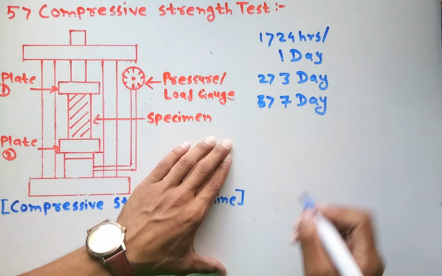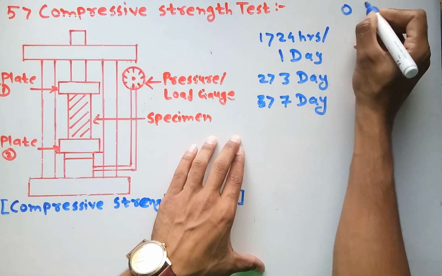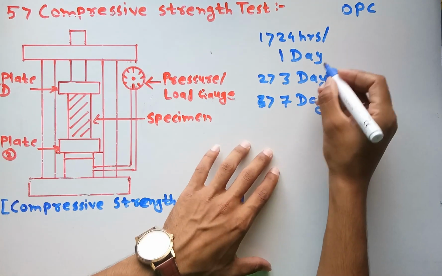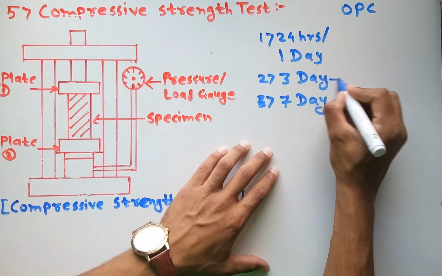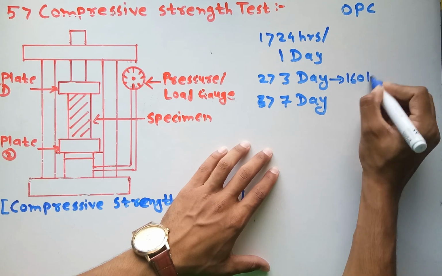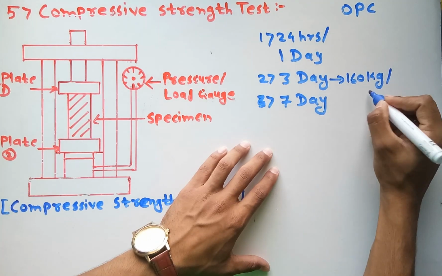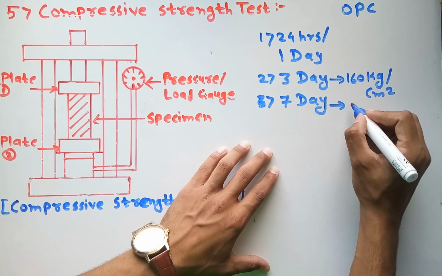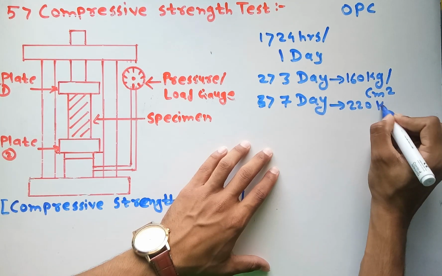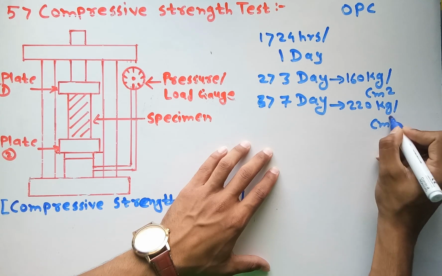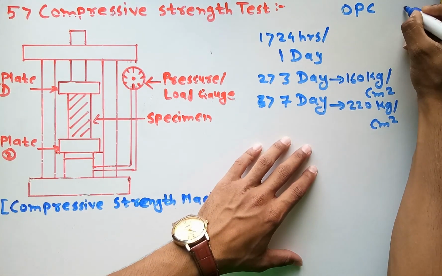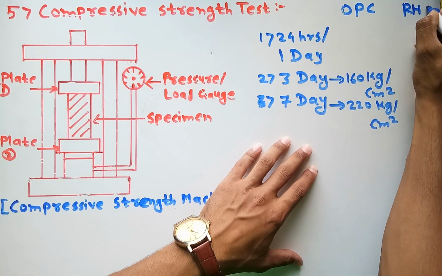If we use OPC cement, then it gives a compressive strength after 3 days of around 160 kg per centimeter square, and after 7 days around 220 kg per centimeter square. Now we will see the compressive strength for RHC, that is rapid hardening cement.